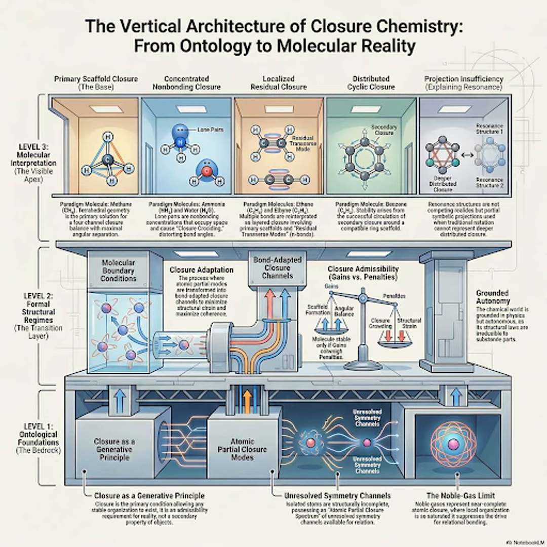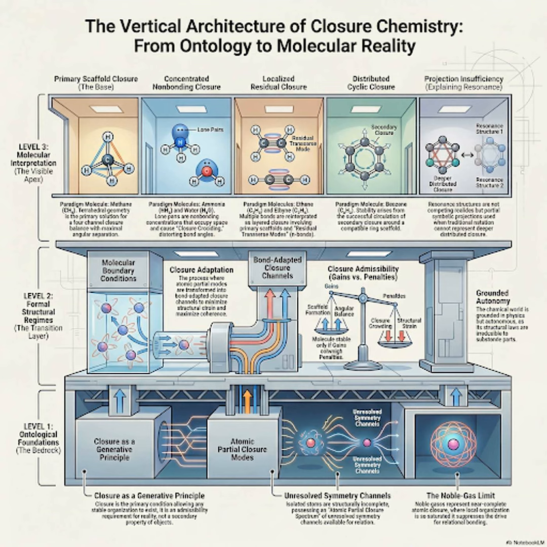And if we connect this to the bigger picture, you can actually see this tension clearly by looking at the extreme edge cases in the periodic table. The edge cases. Yeah, let's look at the noble gases. You know, helium, neon, argon. The ones all the way on the right side of the chart. Right. Lillian defines the noble gases as representing the noble gas limit. The limit of what? They are the closest thing in ordinary, everyday chemistry to near-complete atomic closure.